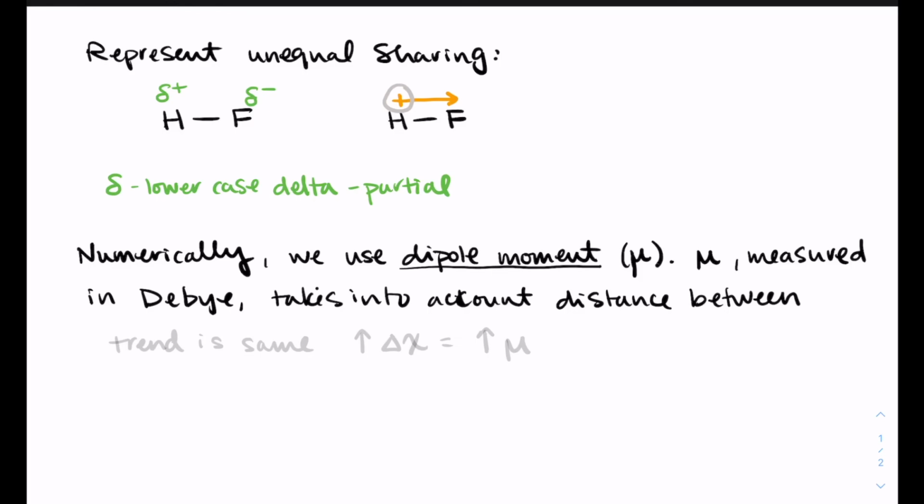What we will do in this class is a bit of an approximation based on electronegativity, but you can look up dipole moment values. It's measured in a unit called debye, and it takes into account the distance between the atoms and their electronegativities. But you will see the same kind of trend. So for a bond, a bigger difference in electronegativity means a bigger dipole moment.